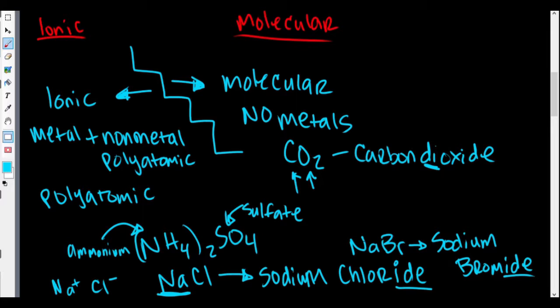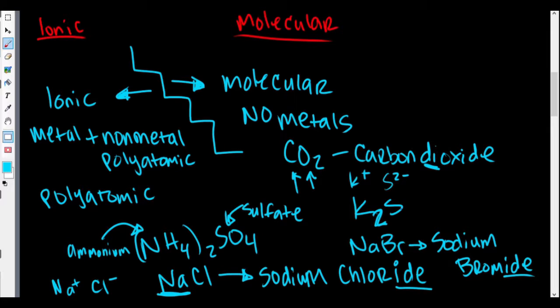Let's say K2S. So the reason this has a 2 is because K plus, and then sulfur is 2 minus. So to make these neutral, you're going to need 2 potassium for every 1 sulfur.